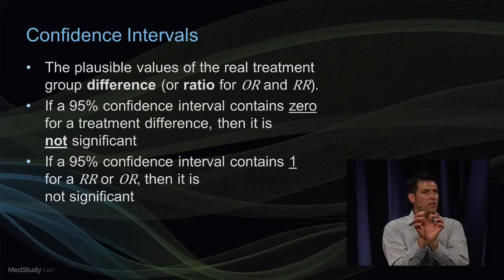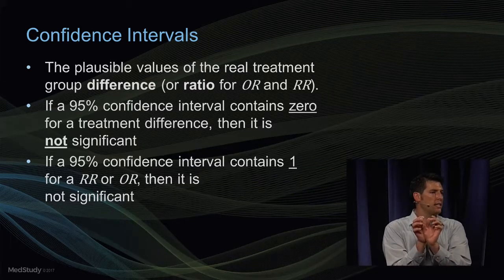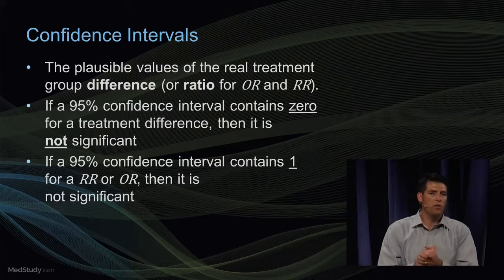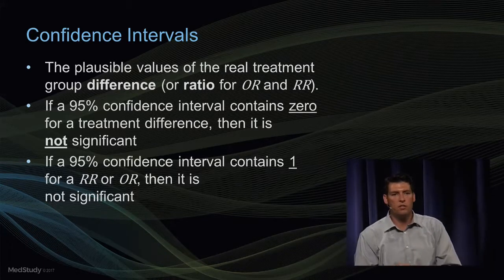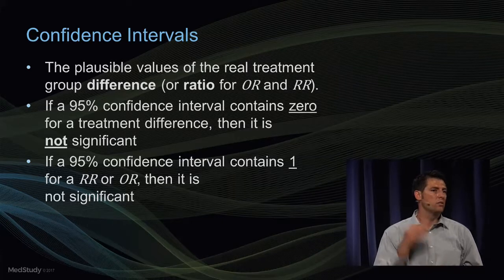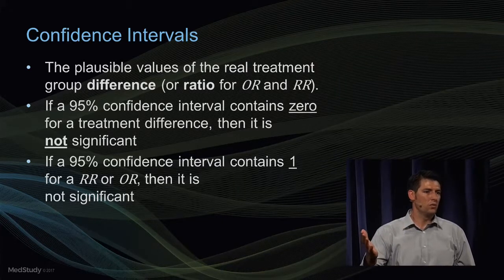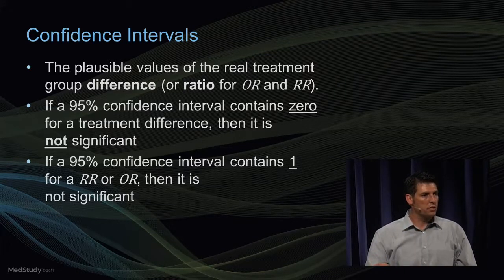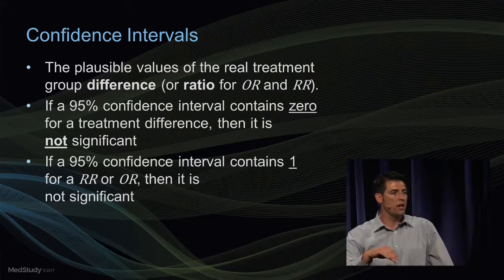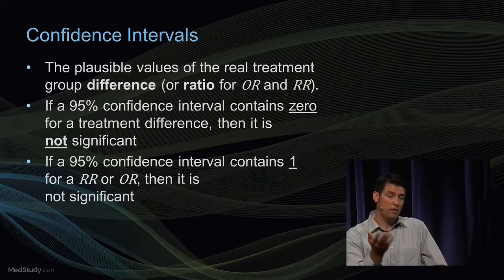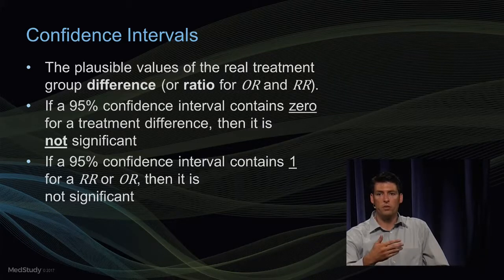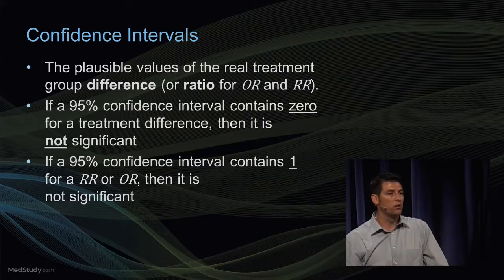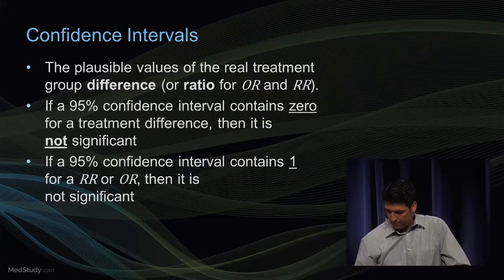So if my interval contains 0, then they're not significantly different. Likewise, for an odds ratio or relative risk, if that interval contains what? 1, then they're not significantly different. Right? So as you encounter questions like this on your board exams, be very careful. Are they talking about differences between groups, or are they talking about ratios between groups? And then you'll know the number that you're looking for in that confidence interval.